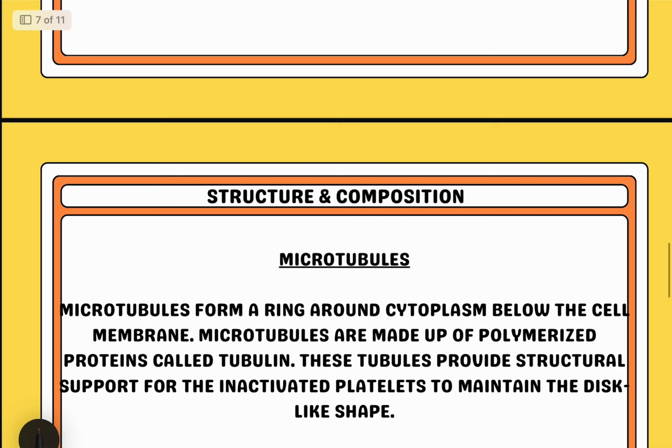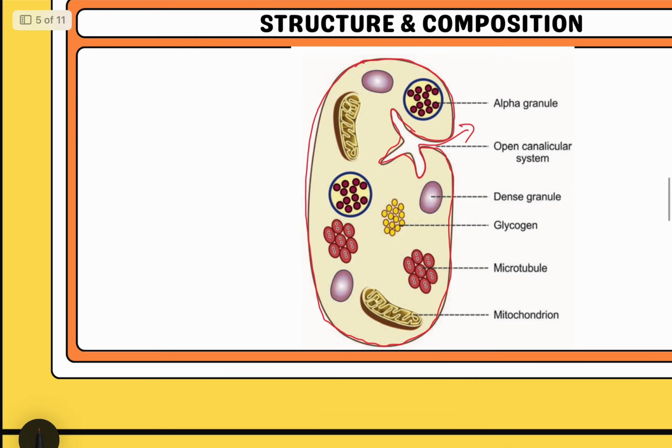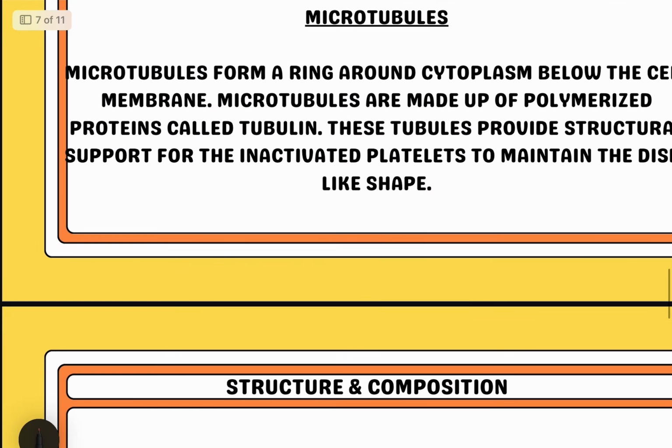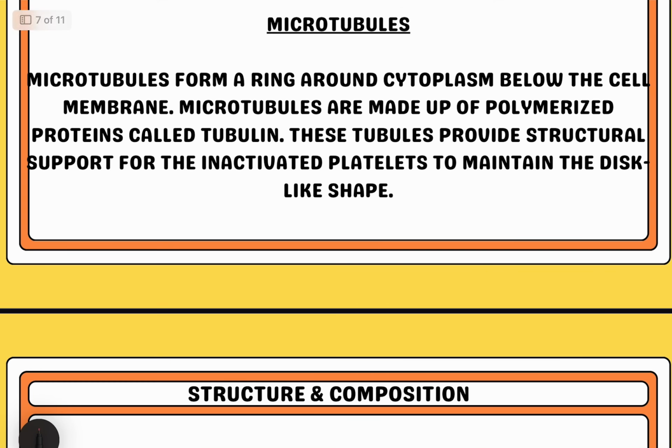And last but not the least, we have the microtubules. If we see into the diagram, this red dot structure inside the cell, that is in the cytoplasm, is nothing but the microtubules. The microtubules form a ring around the cytoplasm below the cell membrane, and they are made up of polymerized proteins called tubulin.